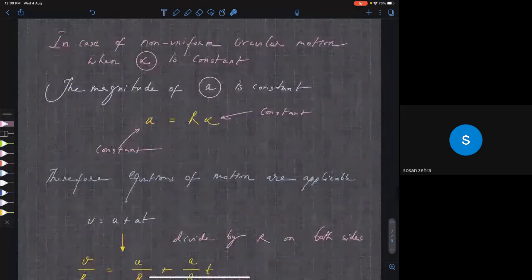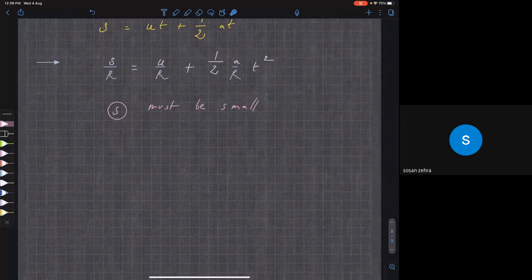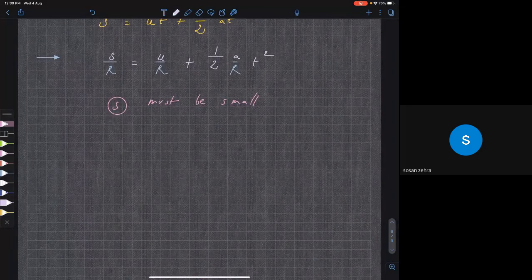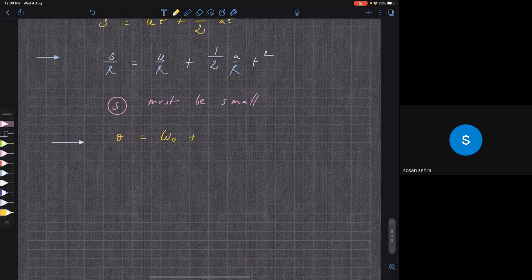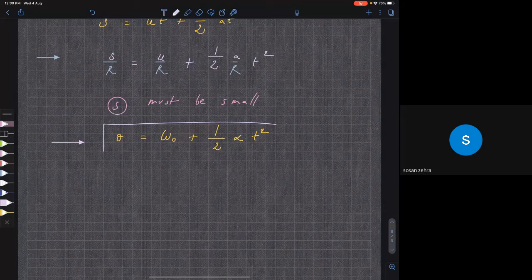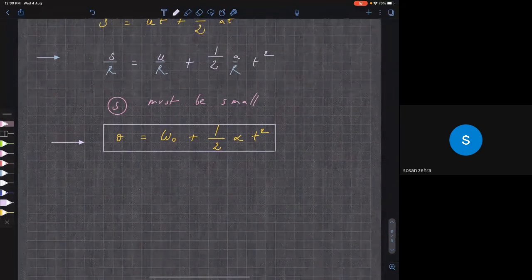So what will this be? What is s by r? s by r is theta, because it is l by r. u by r is omega naught plus half alpha t square. Now this is very easy to remember. This equation is just analogous to s equal to ut plus half at square.